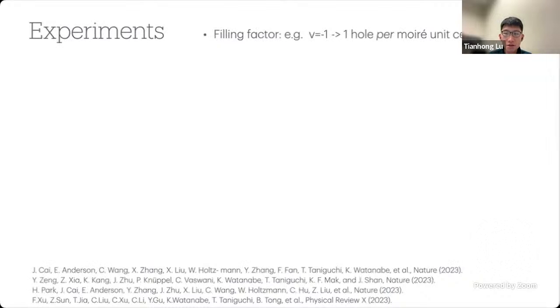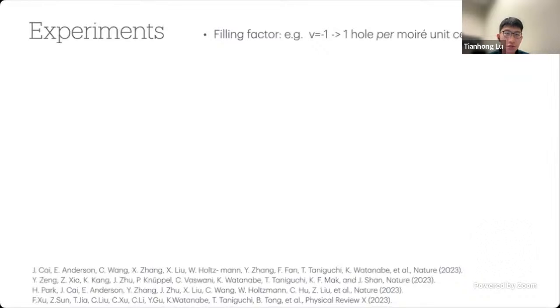First of all, the experiments were performed by adding or doping holes in the moiré bands, so electrons can be viewed as a background. But how do people make sure when a moiré band is entirely filled with holes or just a specific fraction? The definition is pretty straightforward.